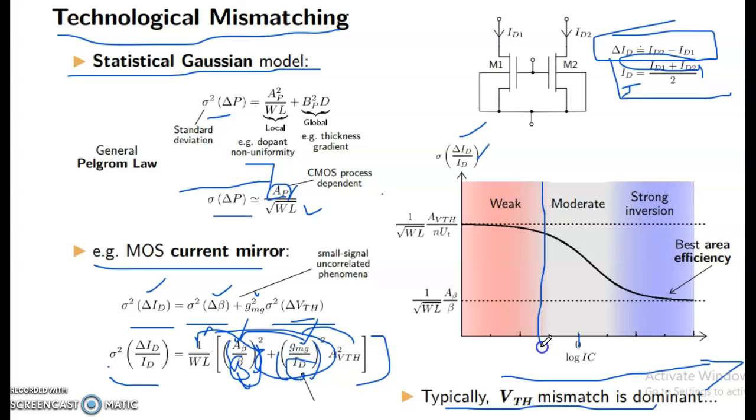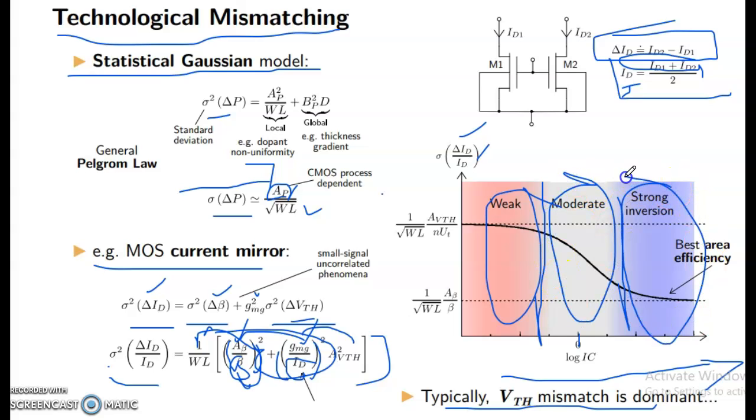In this area is weak, here moderate, here strong inversion. This is the best area efficiency.